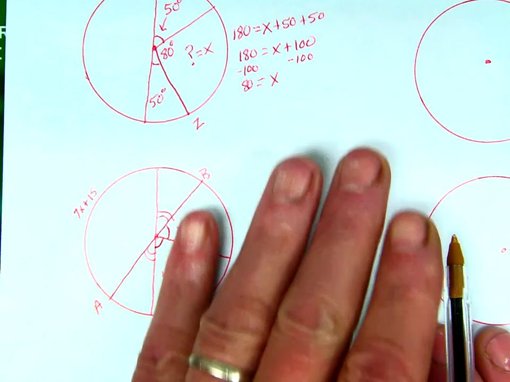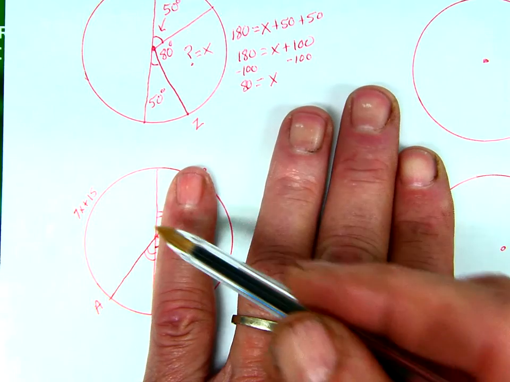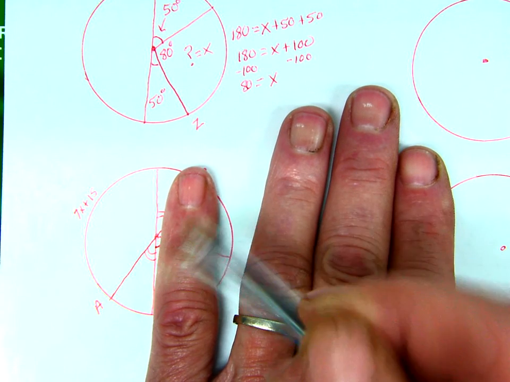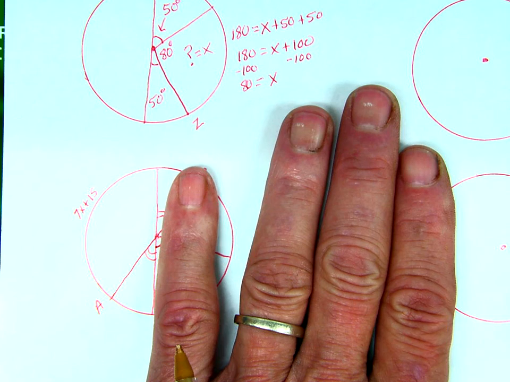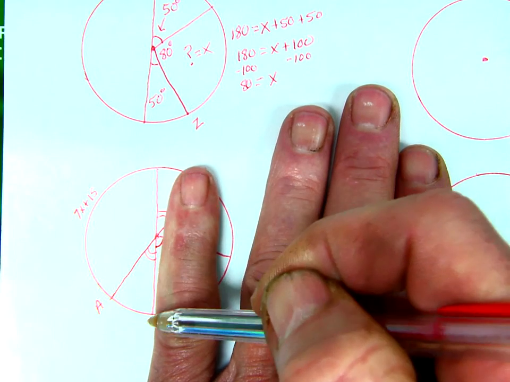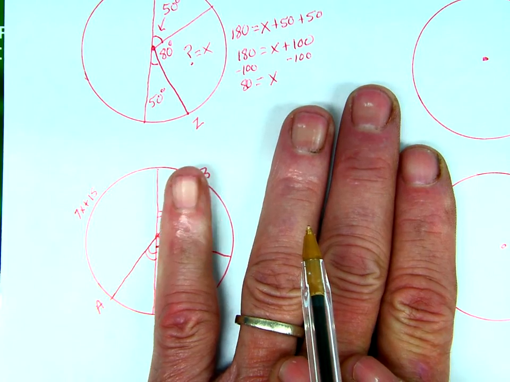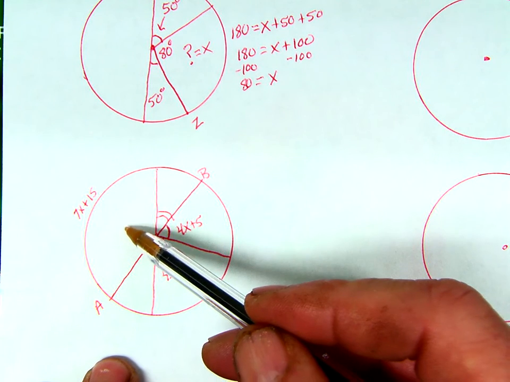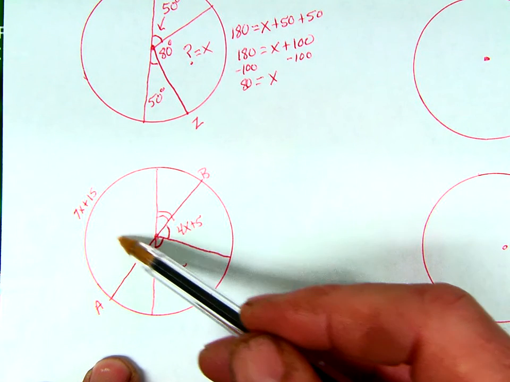Well, looky here. This one plus this equals 180. I know that because this is still a diameter. That means that these two put together have the same measure as this whole one right here.